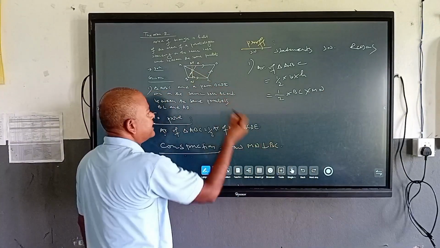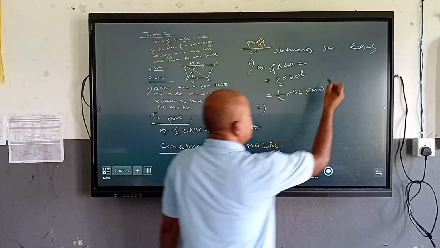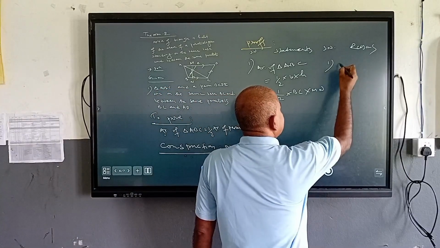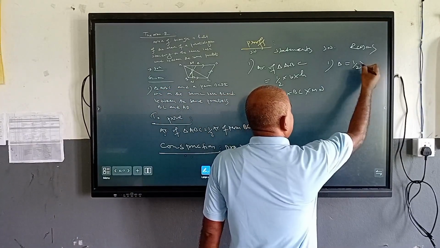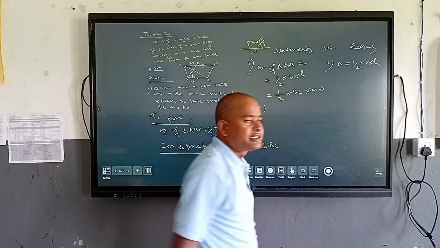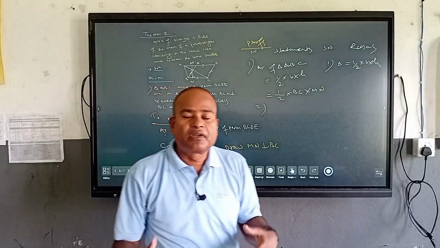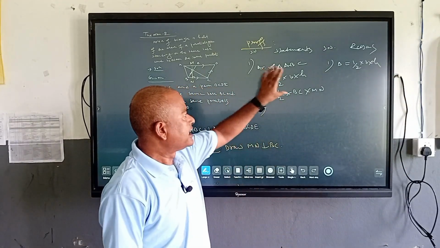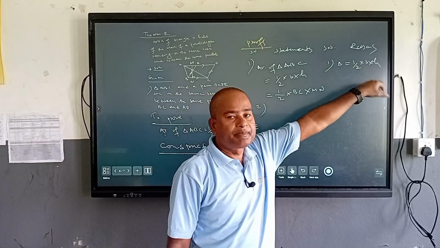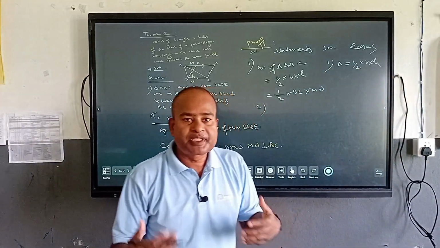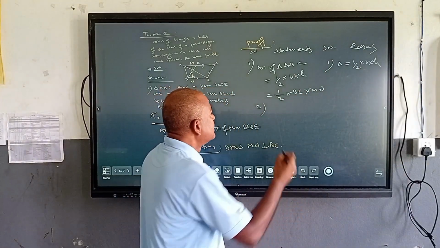The reason for statement 1 is area of triangle is half base into height, 1/2 times B times H.